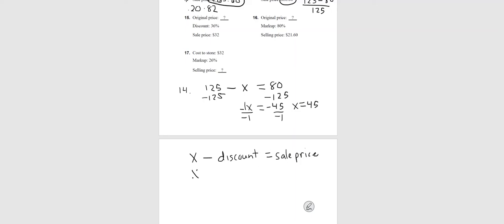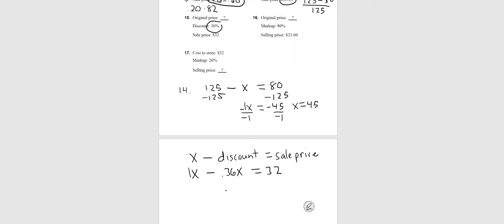So if we call our original price X, to figure out what our discount is, because our discount is 36%, we're going to have to do 0.36 times whatever our original price is. So X minus 0.36x equals 32. And now we just solve this equation.